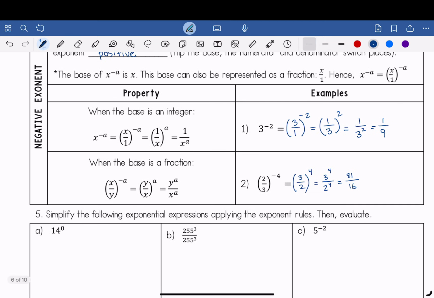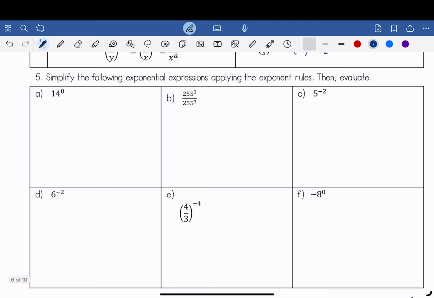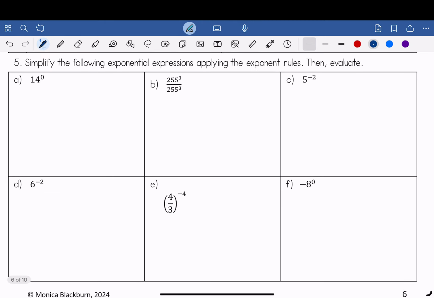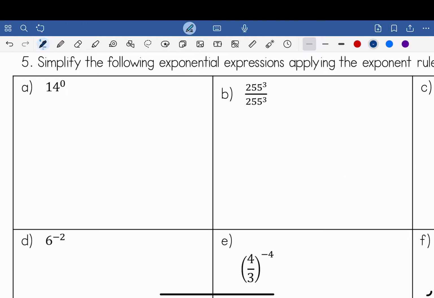So we're going to do some example questions. Question 5, simplify the following exponential expressions, applying the exponent rules, then evaluate. So we have for 5a, an exponent of 0. The zero exponent rule states anything to the power of 0 is 1. For b, we have the same base, which is 255.